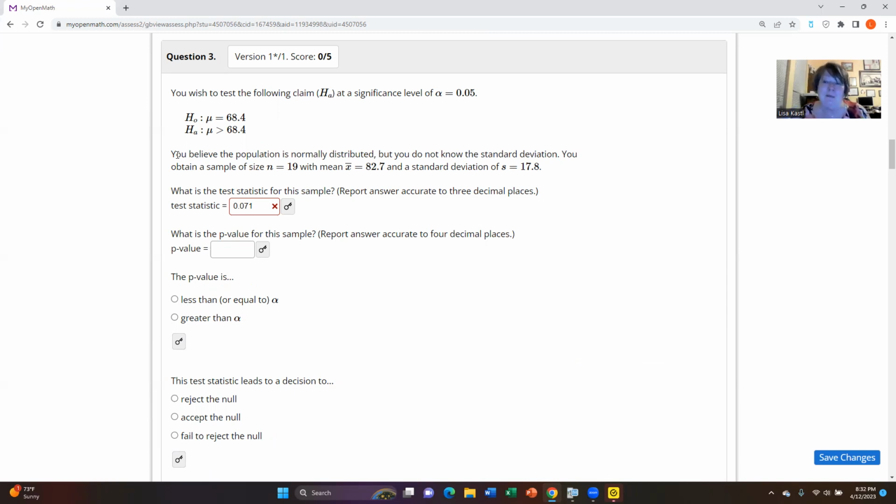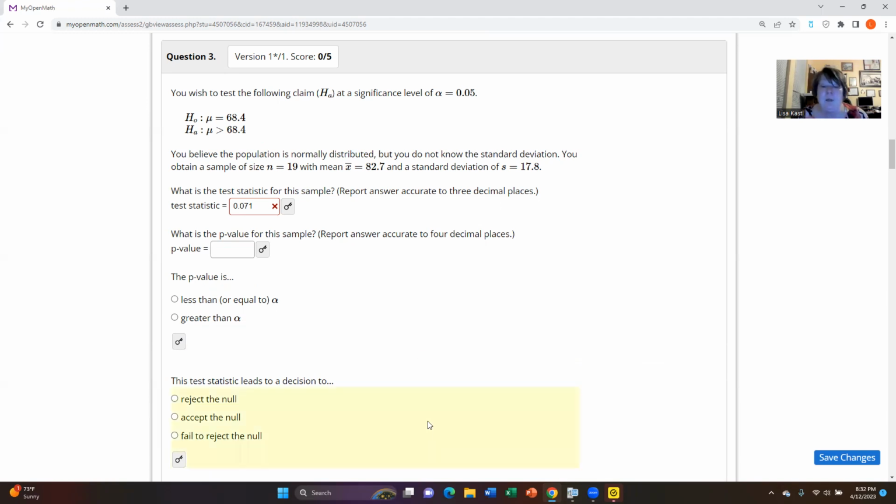It's a property of a sample. Sigma is population standard deviation. It is a parameter. It is a characteristic of a population. So they're giving you a characteristic of a sample. They're giving you the sample standard deviation. So you're going to use a t-test.